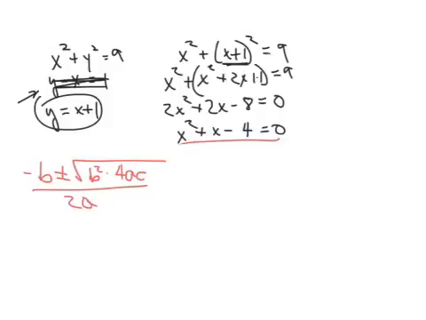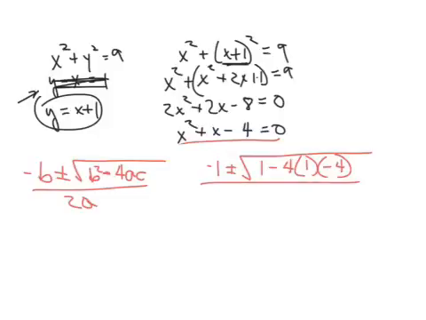So if we use the quadratic formula here, we end up getting -1 plus or minus square root of b squared minus 4 times a times c, all over 2. And when you do this, you get x equals -1 plus or minus square root of 1 plus 16 all over 2.